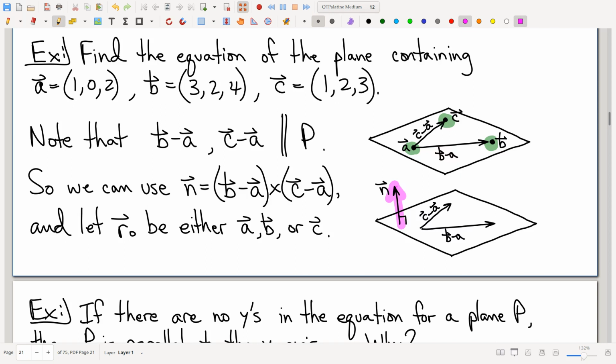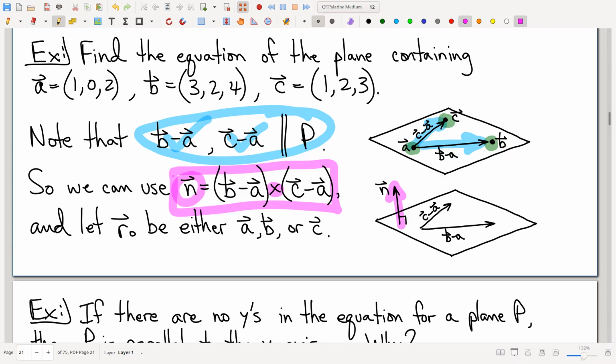And there's, in this case, pretty straightforward solution. You pairwise subtract to get a couple of vectors like this. And then notice that because they are parallel to the plane, that means that their cross product is perpendicular to the plane. Everybody see the geometry there?